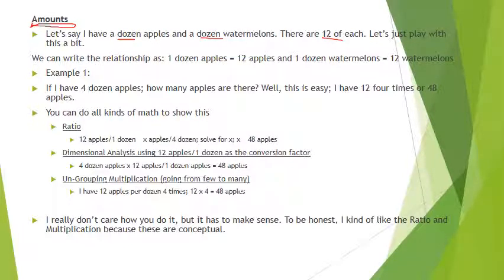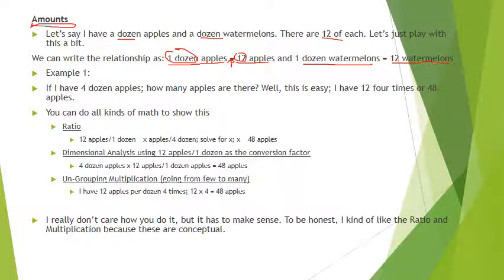It doesn't matter if it's apples, watermelons, people, etc. A 12 is 12. We can write this relationship as 1 dozen apples equals 12 apples, and 1 dozen watermelons equals 12 watermelons.